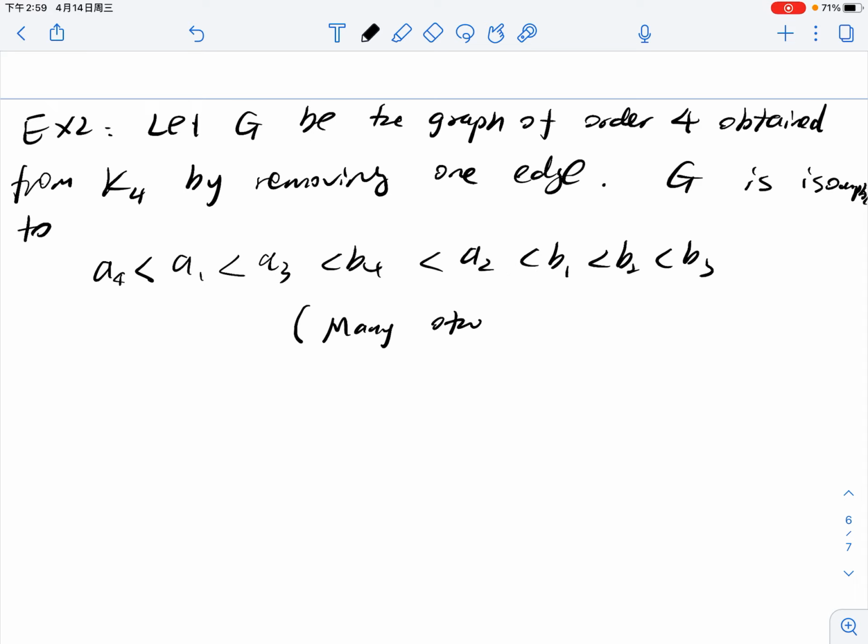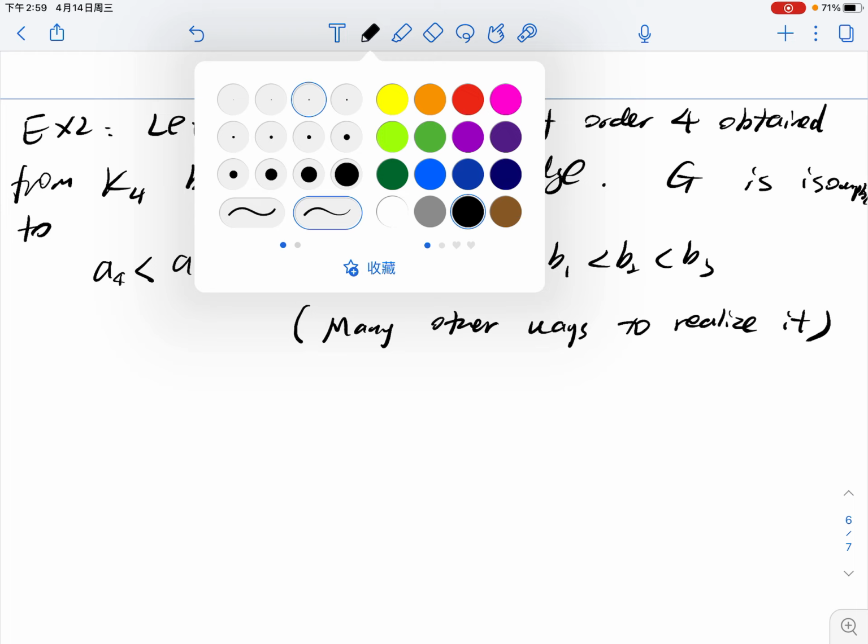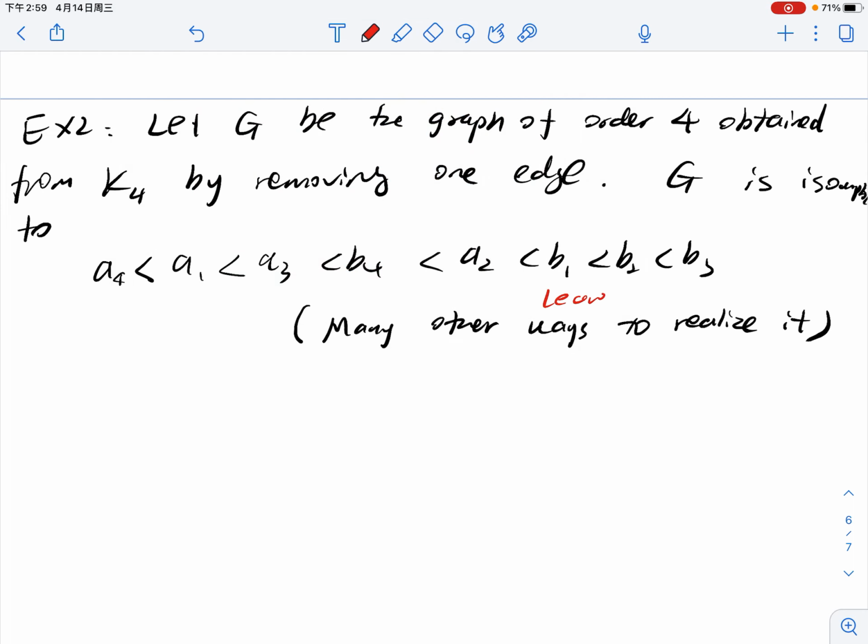You can check, we have many other ways to realize it. For instance, you can change the order of A2, A3, A2, A4 or whatever. I leave it to you to give another model.